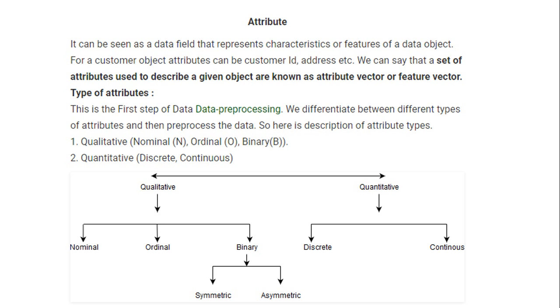Let's make an example so that you can understand what the nominal attributes are. Suppose that hair color and marital status are two attributes describing a person object. In our application, possible values of hair color can be black, brown, blonde, red, gray, or white.